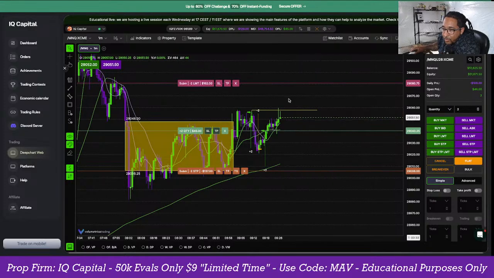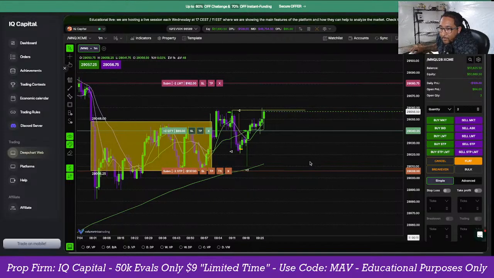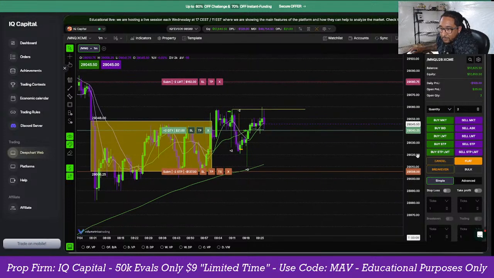As we get closer to the open, it's starting to manipulate to the upside. That usually tells me we may spike up first at the open, hopefully, and then continue downward for a manipulation to the downside and then long. So that's my expectations as of now.